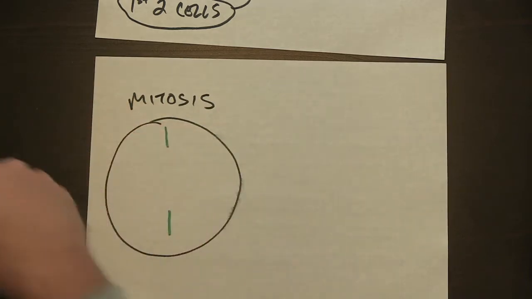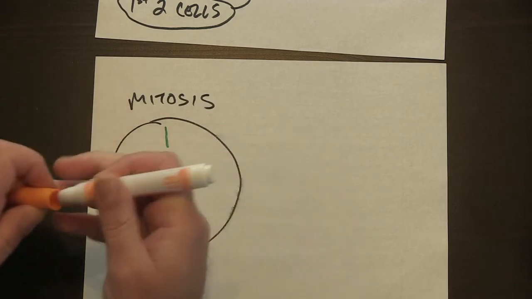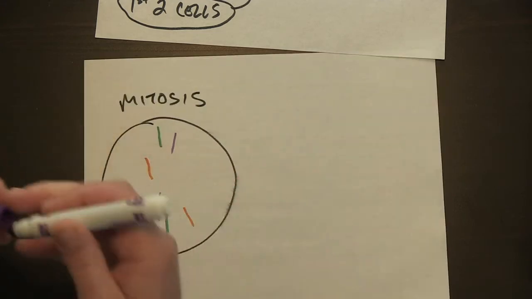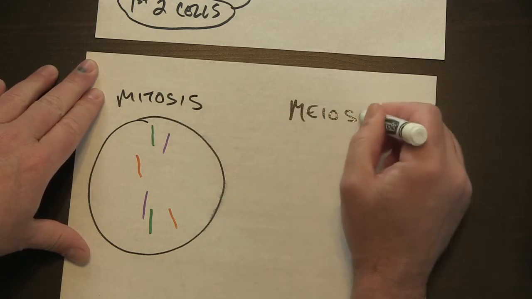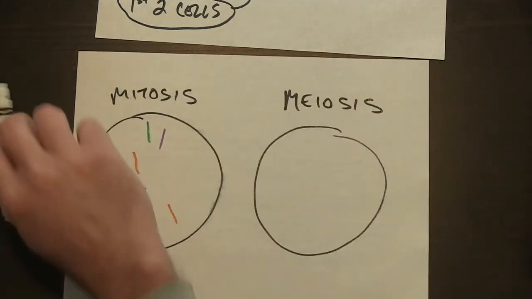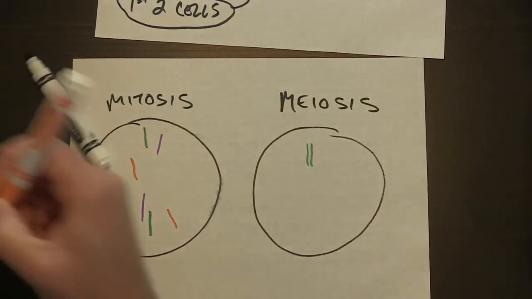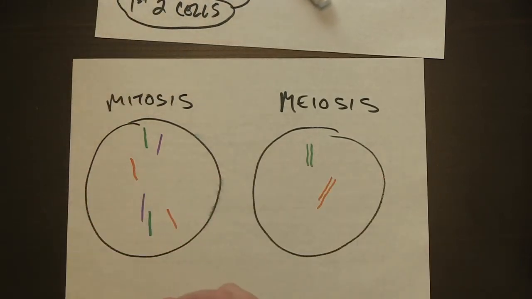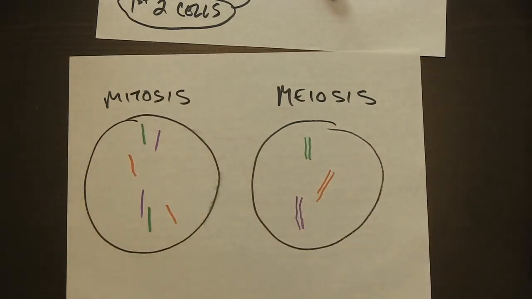The homologous chromosomes don't line up together. In meiosis, they do. So they pair up with each other rather than separately. And the purple ones, okay? So that's a big difference between mitosis and meiosis.